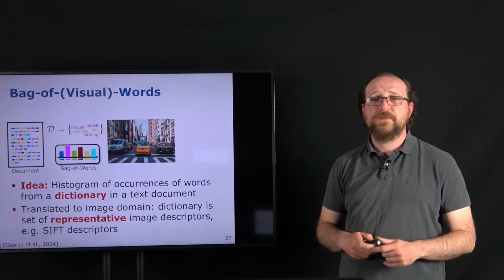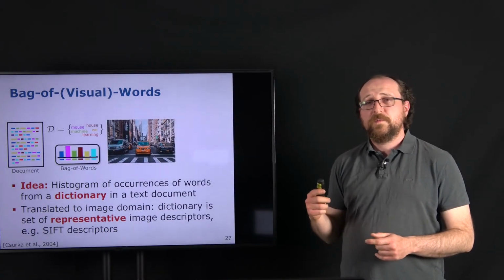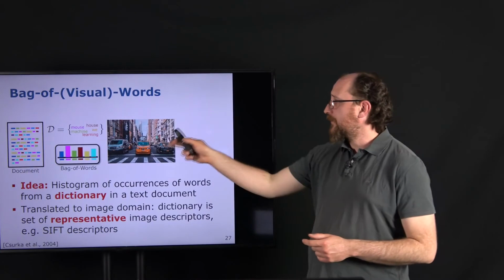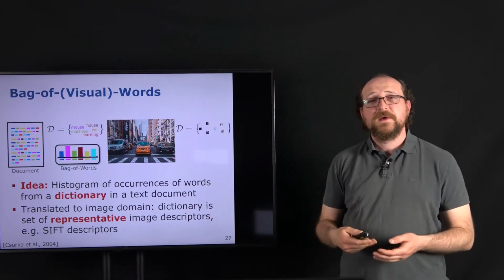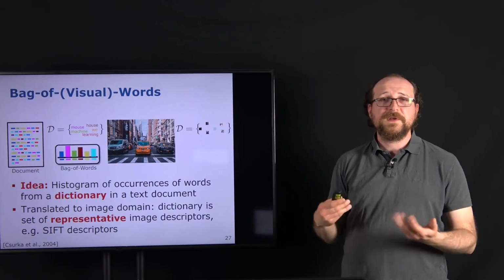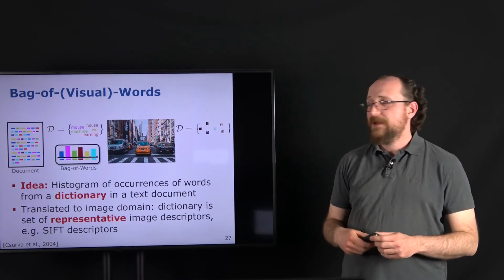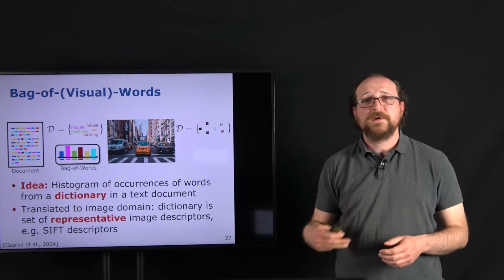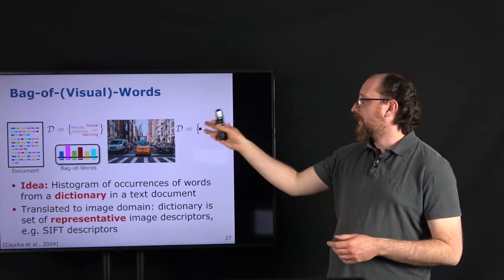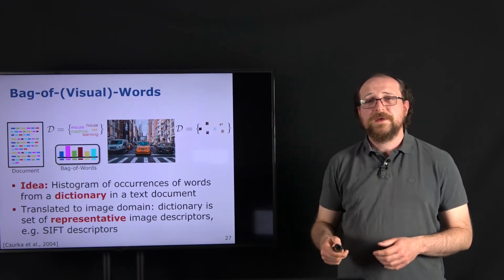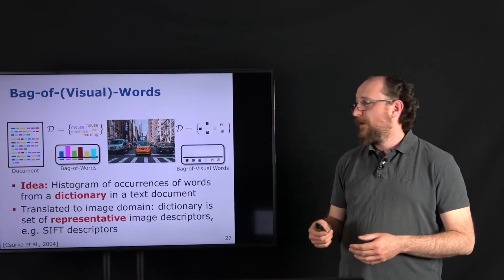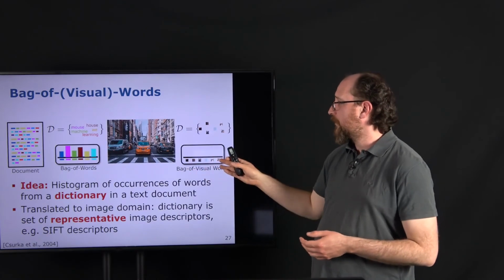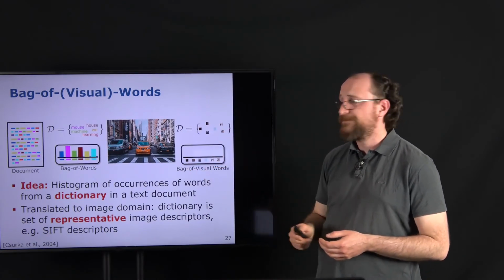The logical step is now to apply this similar idea to images, and this works as follows. We have this image. We then have some dictionary, in this case a dictionary of predefined descriptors. How this dictionary is learned comes in the next slide, but here we are given this dictionary. The idea is very similar. We extract again a histogram over the occurrences of these dictionary entries.